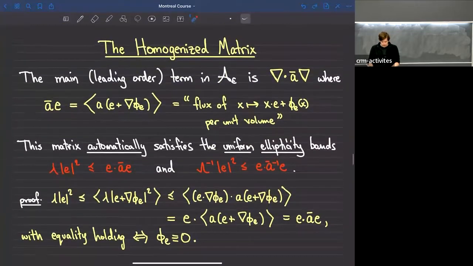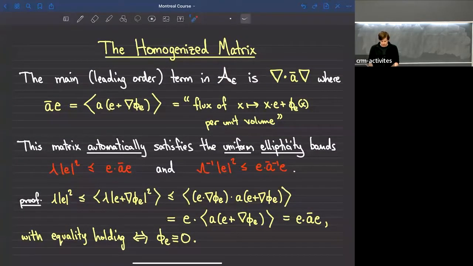So now let's talk about the homogenized matrix. When I talk about the homogenized matrix, I mean the leading order term of the full homogeneous, macroscopic operator, this thing I was calling script A of epsilon. The leading order term is just this divergence form constant coefficient operator, maybe with a minus, which is essentially the Laplacian.